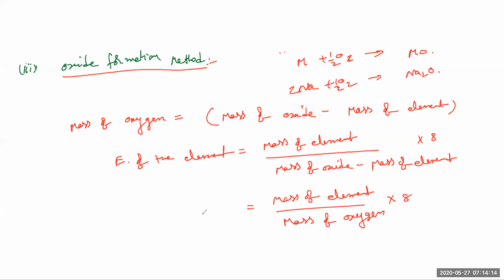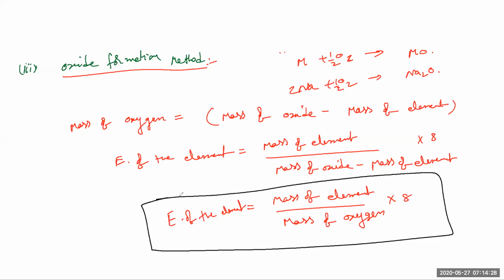Equivalent mass of the element is equal to the mass of the element only for hydrogen because it is monovalent.